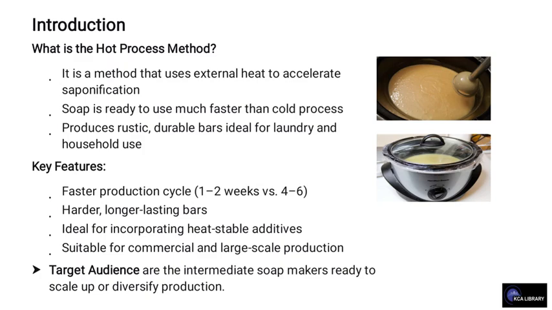A key feature of hot process is that it has a fast production cycle. It makes harder and long-lasting bars. It is ideal for incorporating heat-stable additives. It is suitable for commercial and large-scale production. So the target audience are the intermediate soap makers who are ready to scale up for diversified production of soap.